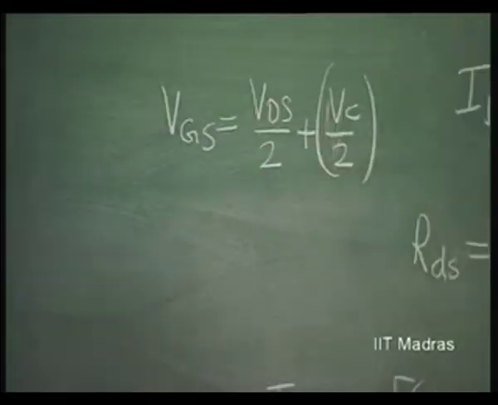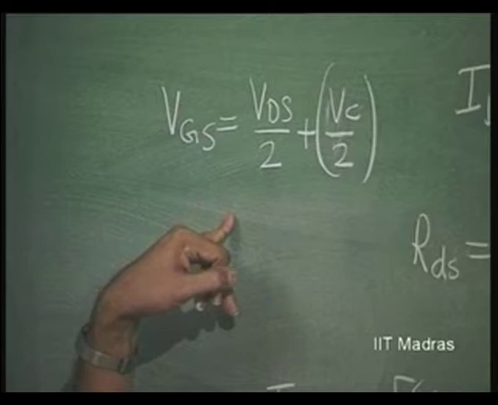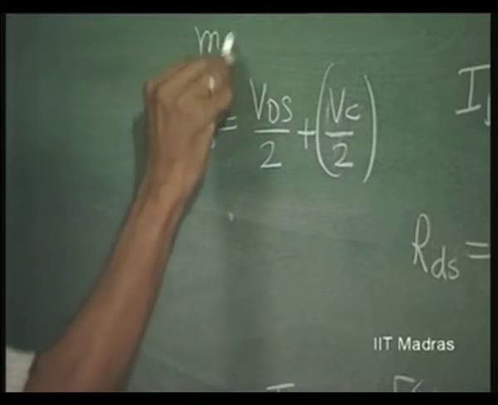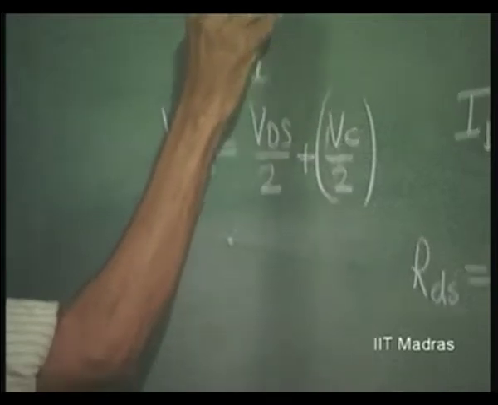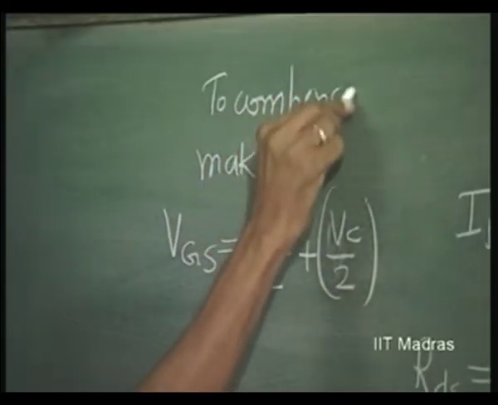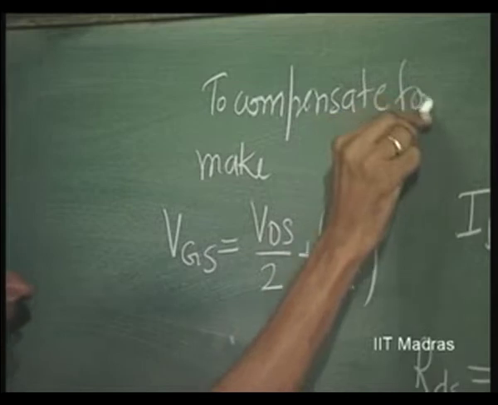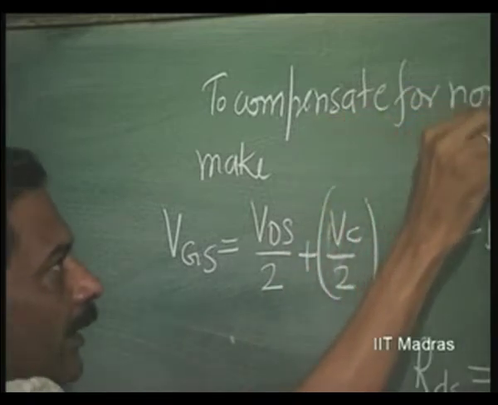This is an independent voltage, but I will make VGS equal to this to compensate for nonlinearity.